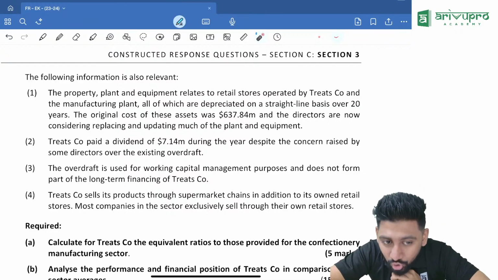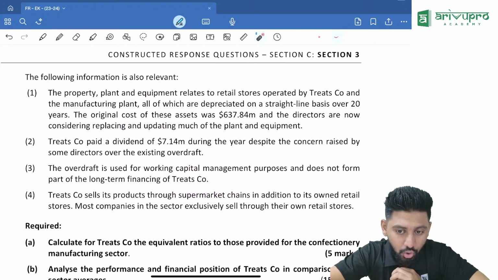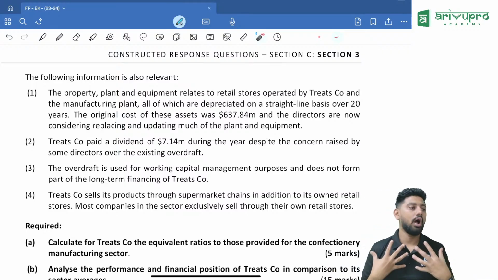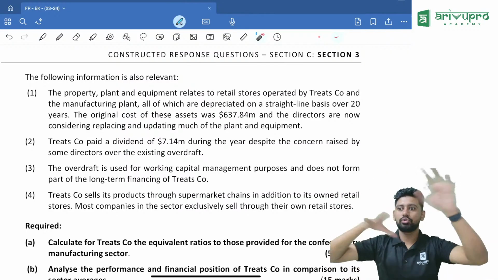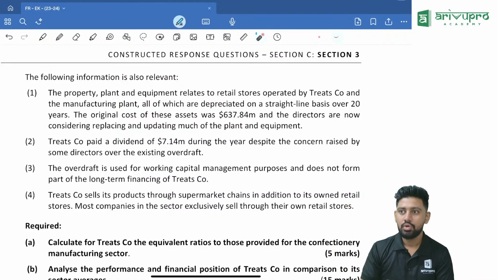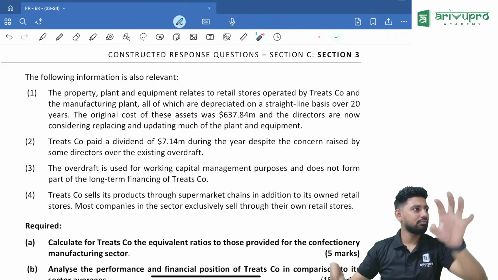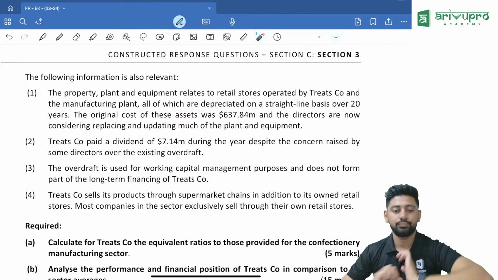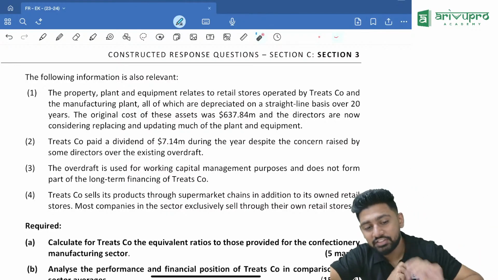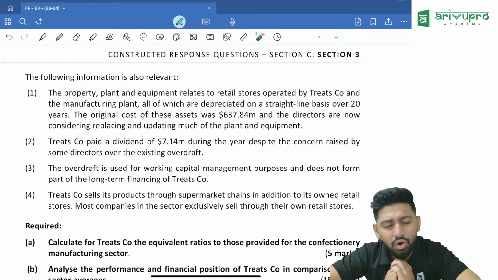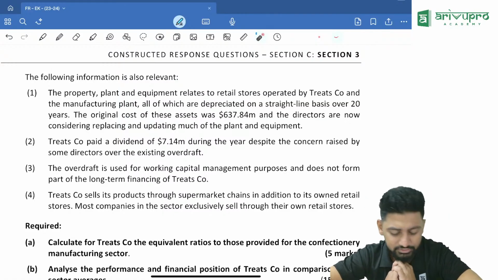The following information is also relevant. The property, plant, and equipment relates to retail stores operated by T. You manufacture, and through your manufacturing, you have your own retail stores and the manufacturing plant, all of which are depreciated on a straight line basis over 20 years.